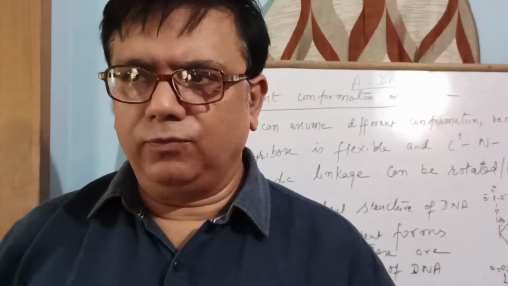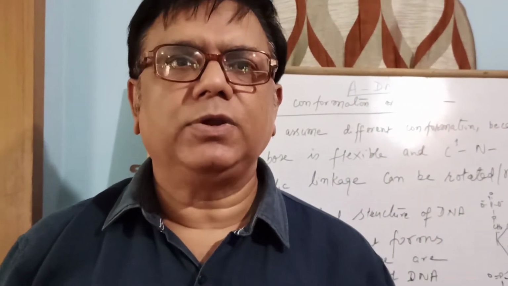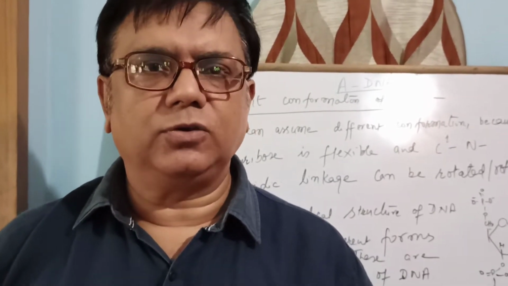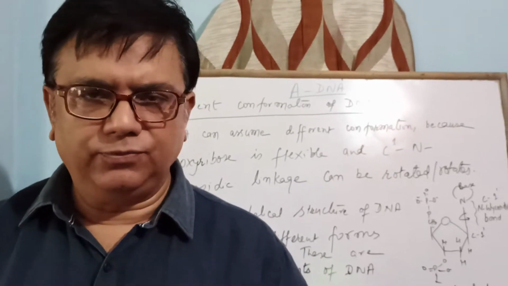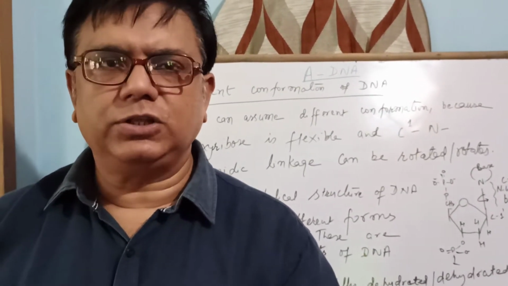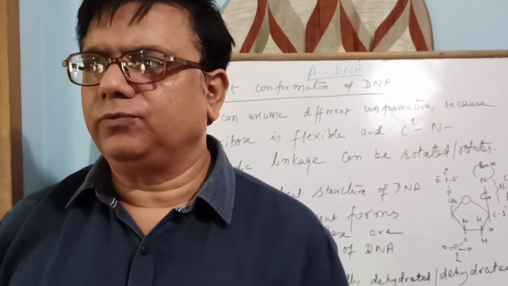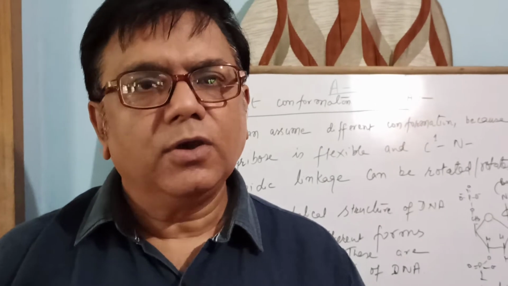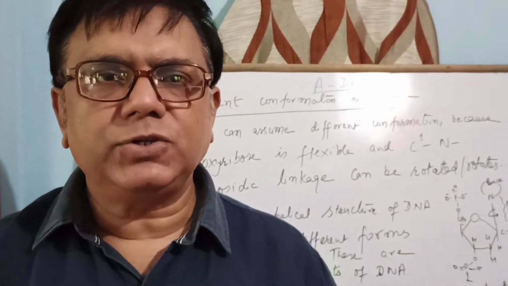So when you say conformation, obviously we are talking about three-dimensional stereoisomers which differ due to rotation in the bond. Now you see here, DNA exists in different conformations. Why does it exist in different conformations?